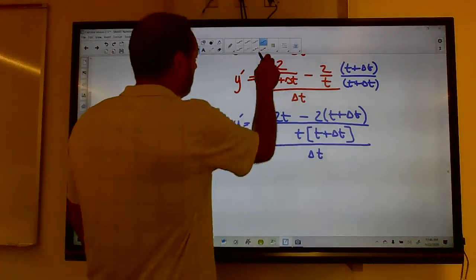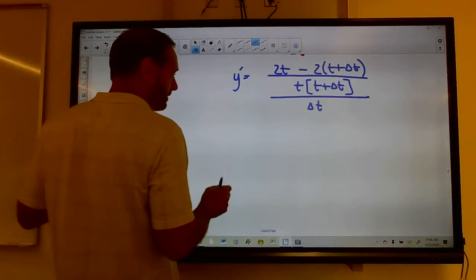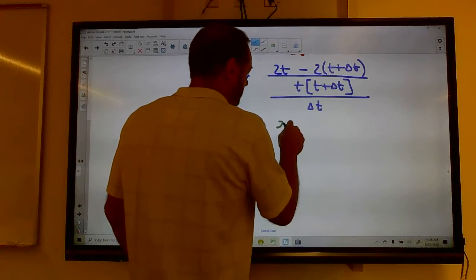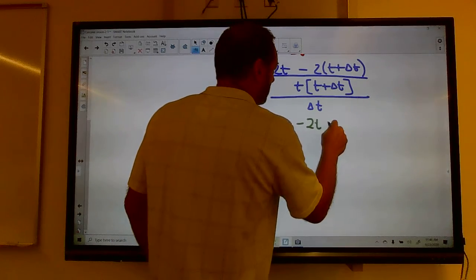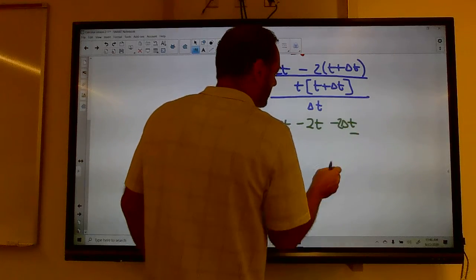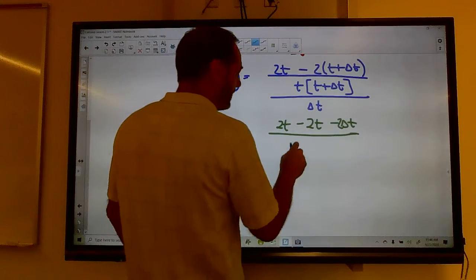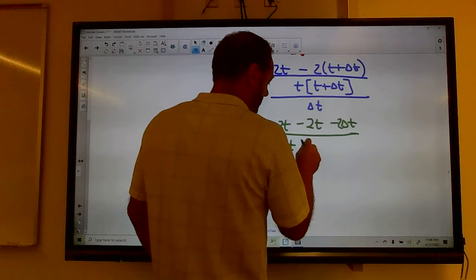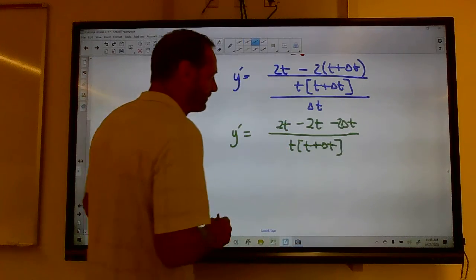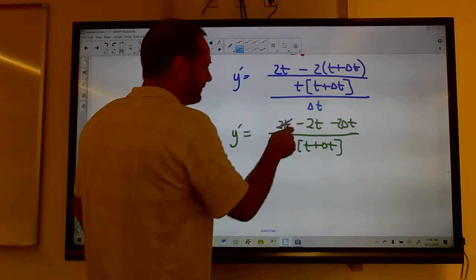I can distribute my -2 in there. So it's going to be 2t minus 2t minus 2 delta t, sorry, divided by this stuff. Now, of course, these cancel.